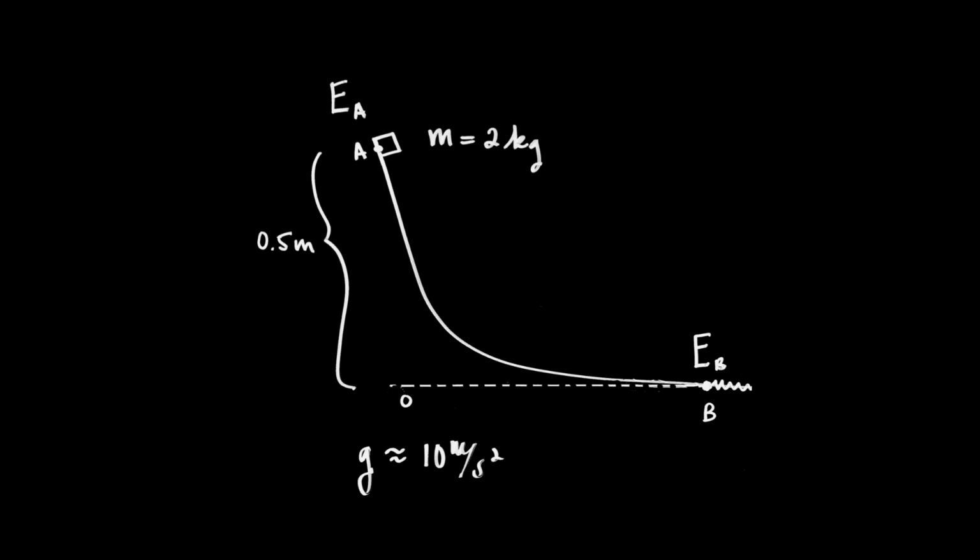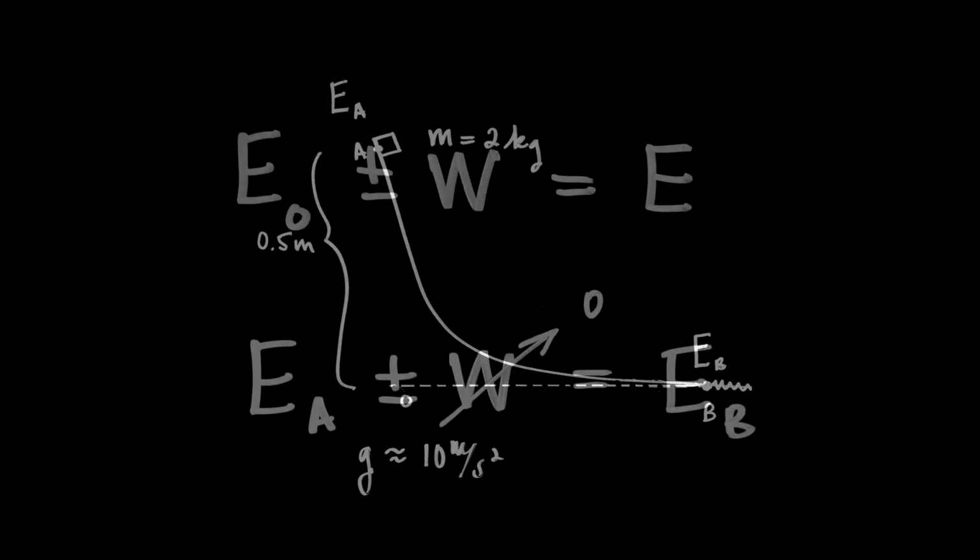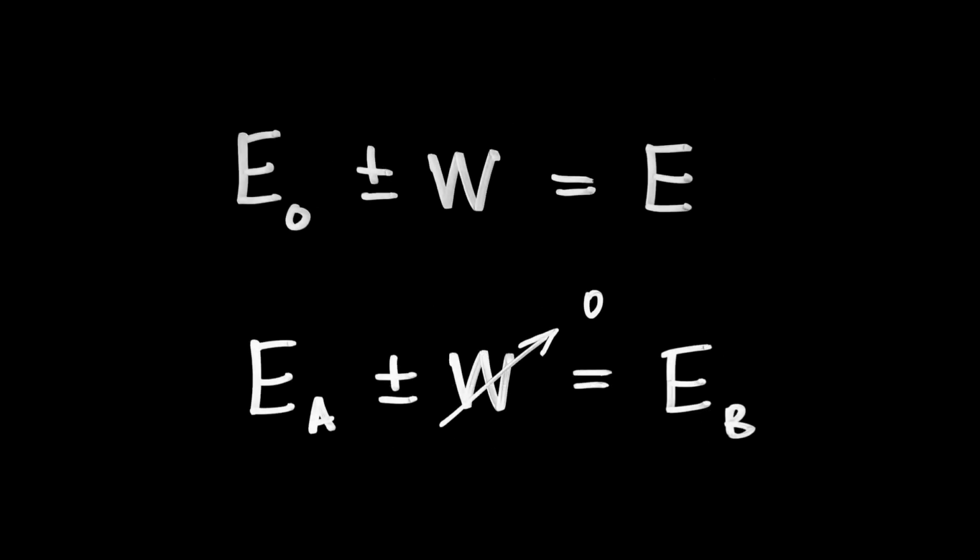There is a normal force, but the normal force is perpendicular to the displacement the entire time. So how much work does the normal force do? None, because perpendicular forces do no work. Which means, on its way from A to B, the work done by non-conservative forces happens to be zero.